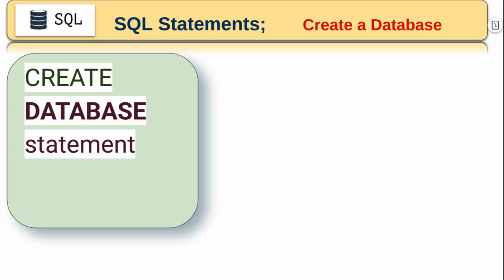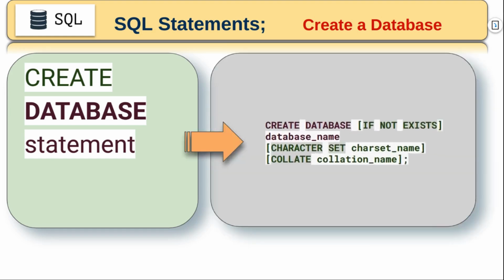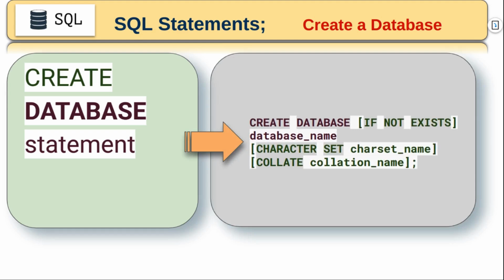The basic syntax is CREATE DATABASE IF NOT EXISTS database_name CHARACTER SET charset_name COLLATE collation_name. Let's explain this. First, specify the name of the database after the CREATE DATABASE keywords.